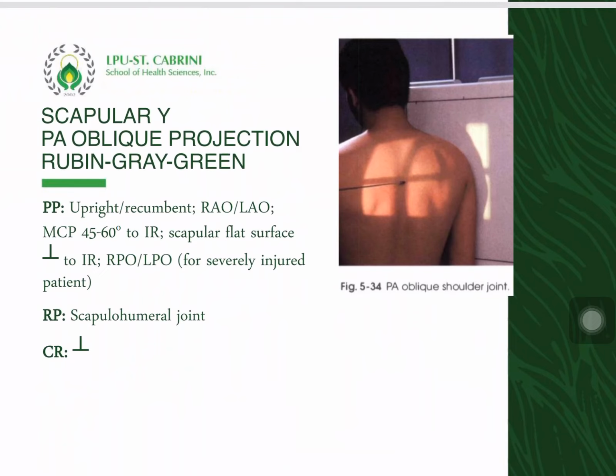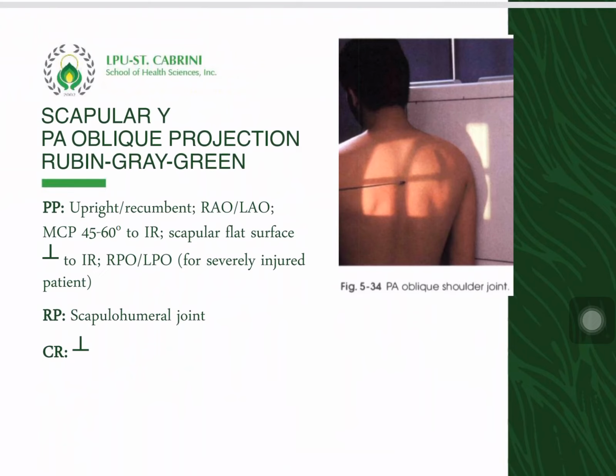The patient is radiographed in the upright or recumbent position. If the patient is severely injured, modify the anterior oblique by placing the patient in the posterior oblique position. The anterior surface of the affected shoulder is placed against the image receptor. Rotate the patient so that the MCP forms an angle of 45 to 60 degrees to the IR.